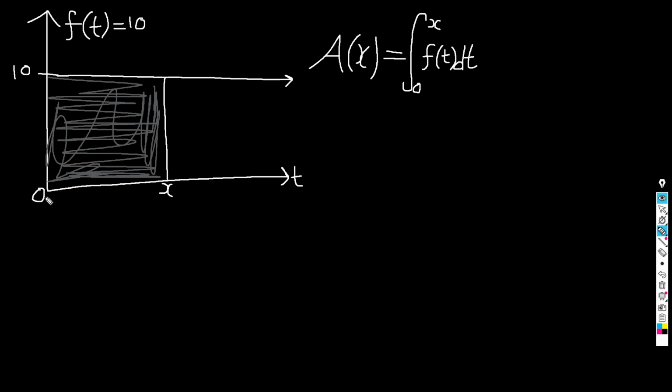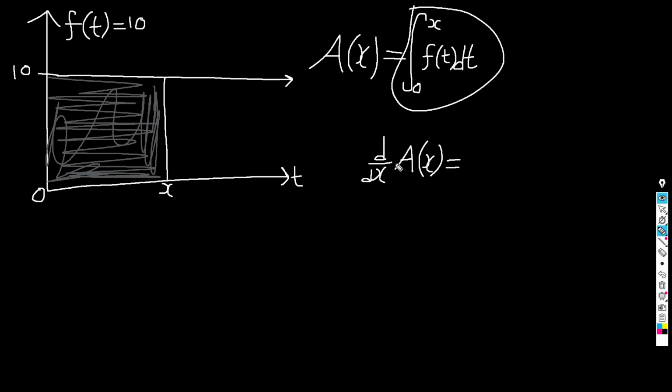And since it's sweeping out an area from 0 to x, we can write this as an integral, which is this. Now, the derivative of A of x is essentially just asking how much area is being swept out under this line per second, since the derivative is just a rate. And that would just be 10 per second, because for every rectangle here that has base 1, the height is 10, so that's just 10 times 1.